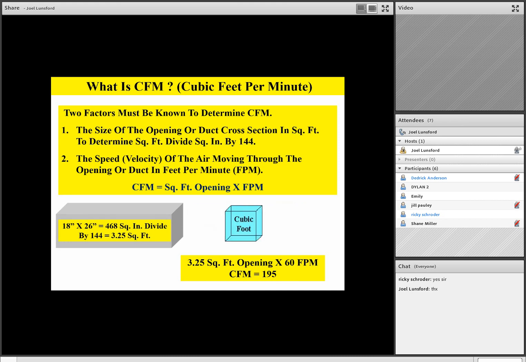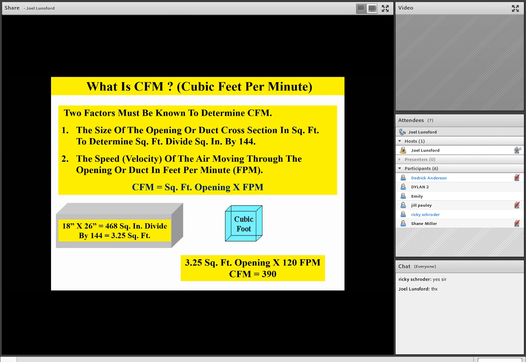Okay, well, let's speed that air up. We're not going to change the size of the duct, but let's just speed the air up to say 120 feet per minute. And we keep the same size duct opening, in our example 3.25 square feet. And we speed that air up to 120 feet per minute.